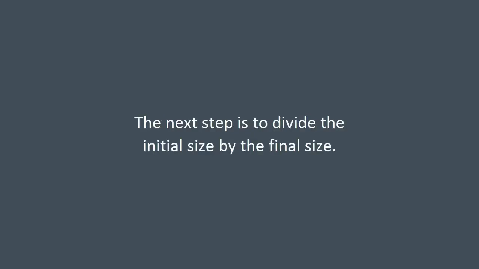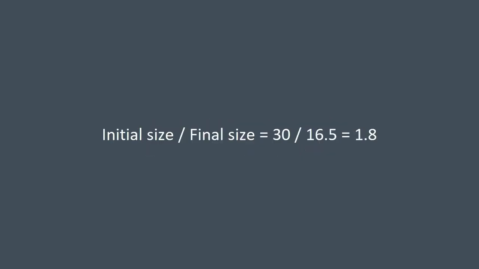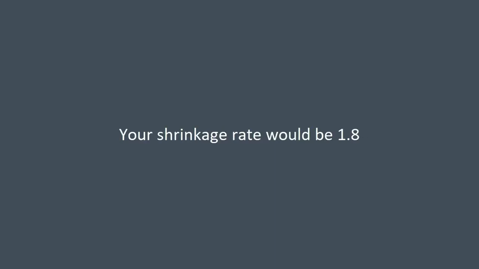The next step is to divide the initial size by the final size. In this case, the initial size was 30 centimeters and the final size was 16.5. So this equals 1.8. In this case, your shrinkage rate would be 1.8.